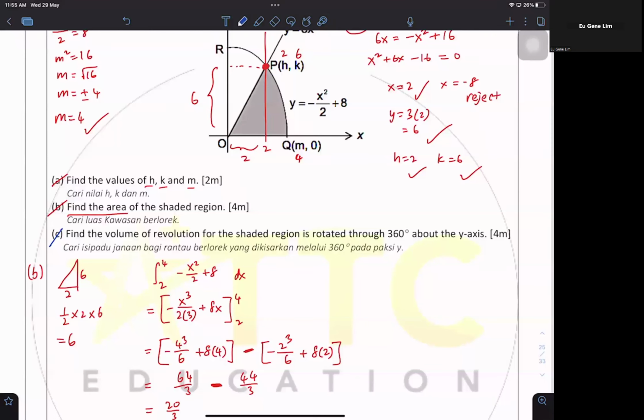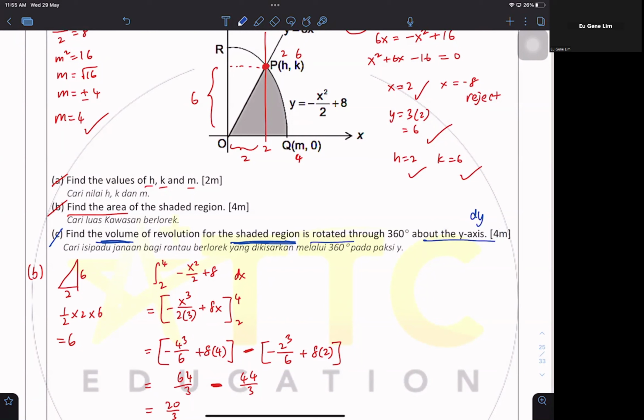Get it? Okay, like find the volume of the shaded region when it is rotated around the y-axis. Oh, sorry. Yeah, this is rotate around y-axis. If you rotate around y-axis, you need to do dy. You cannot do dx.